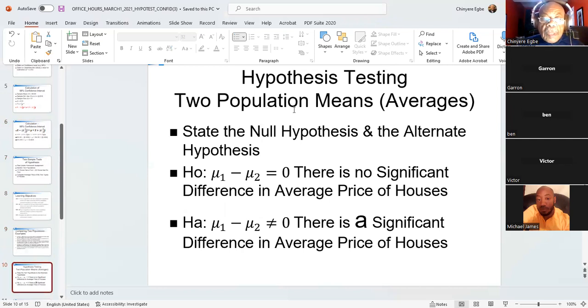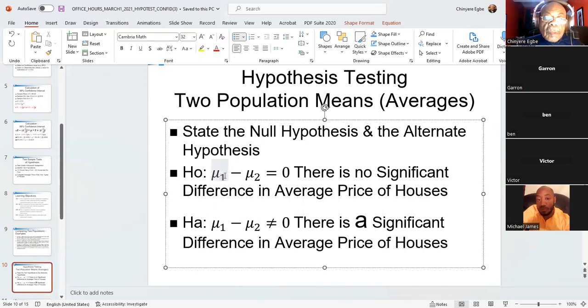The null hypothesis is simply that the average sizes of the houses or the average price of the houses, any parameter here, are equal.